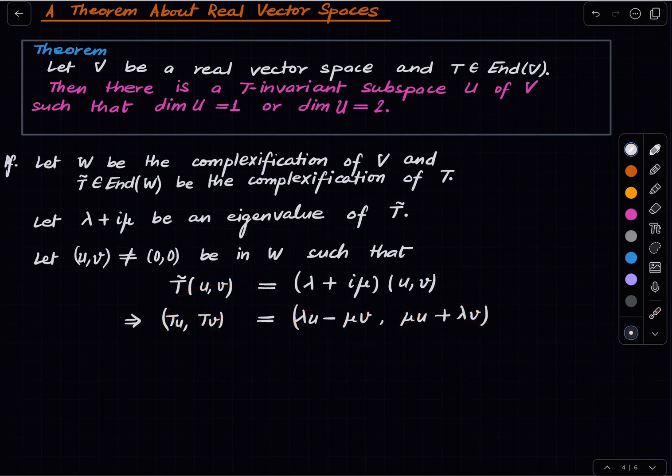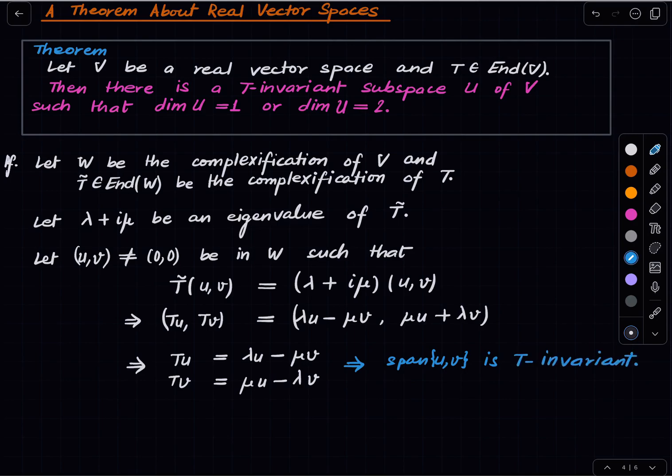So this implies Tu is this guy and Tv is that guy, and this implies that span of u, v is T invariant, right? Because the image of u is within this and the image of v is within this. So span of this is T invariant.